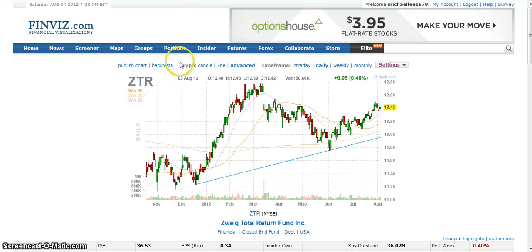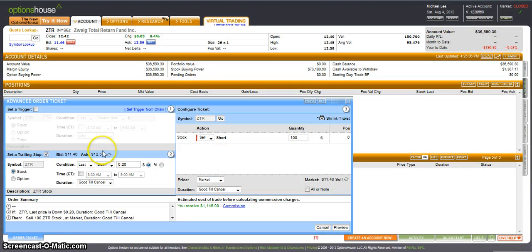Then just to show you real quick what this looks like on Options House, my trading platform; yours might look different. I showed you in the previous video what a trailing stop looks like here. As I mentioned, 20 cents below, sell at market, good till cancel. If we set a trigger here, as we mentioned, what did we say, 1260?